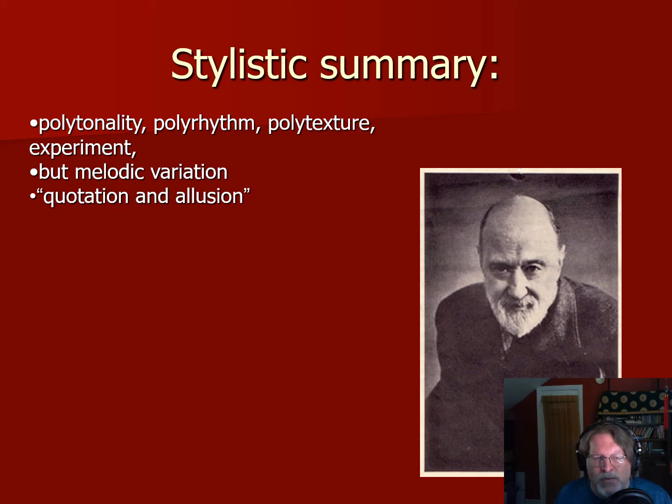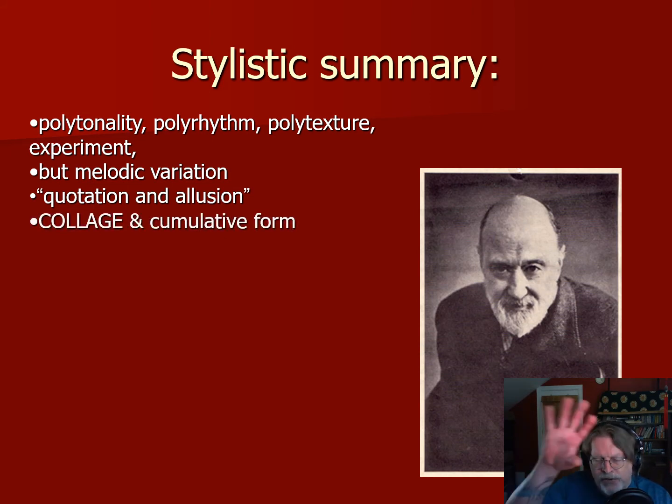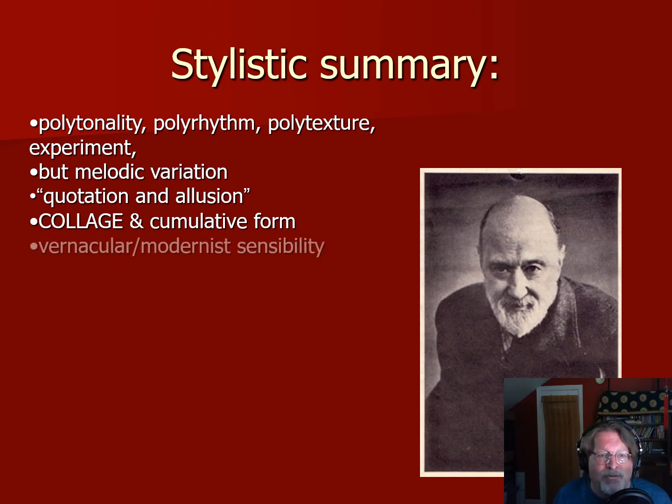Polytonality, polyrhythm, polytexture, highly experimental shifting time signatures, multiple simultaneous contrasting time signatures or tempi, multiple tonal centers, the use of collages, almost mosaic structures, which meld many different materials, especially melodic quotation and allusion, and then culminate at the end of a particular movement in the final statement of the theme, sort of reversing the theme and variations to the variations and then the theme. That's what Burkholder means when he describes cumulative form.